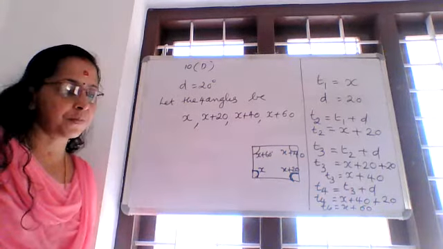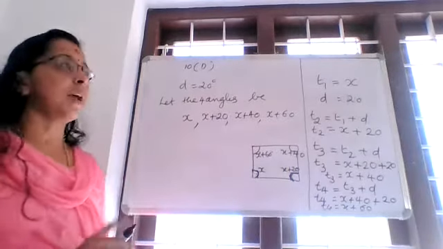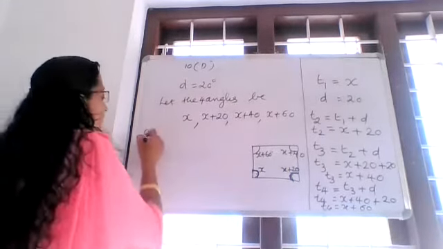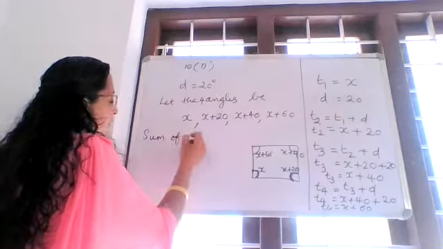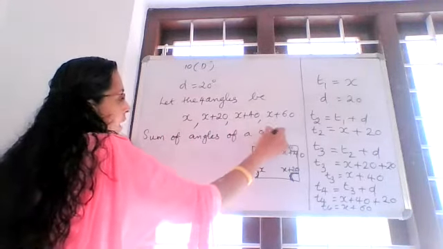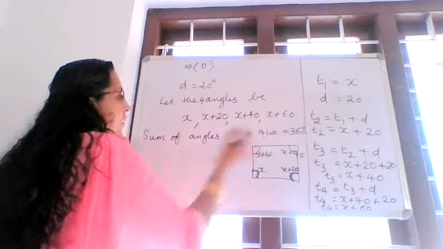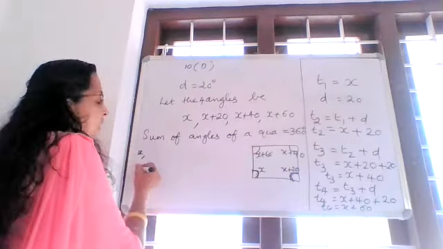Any doubt in this? Sum of angles of a quadrilateral is equal to 360 degrees.